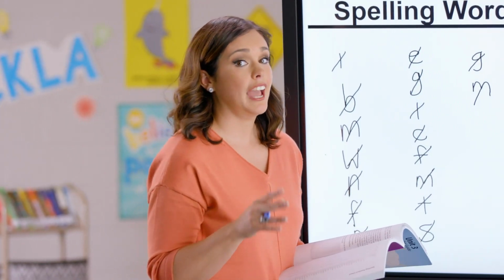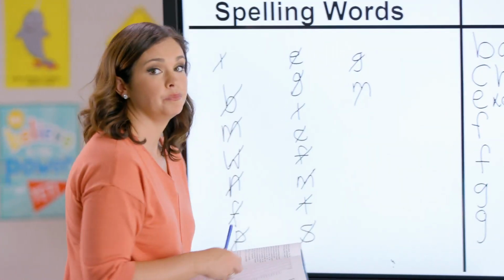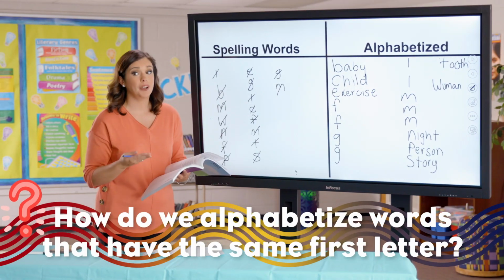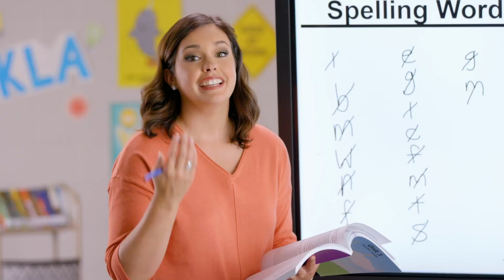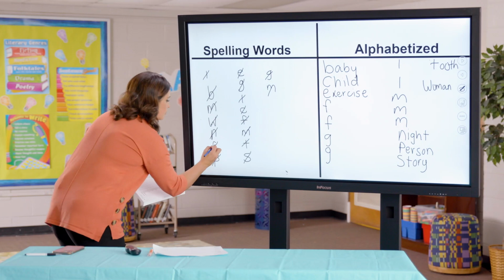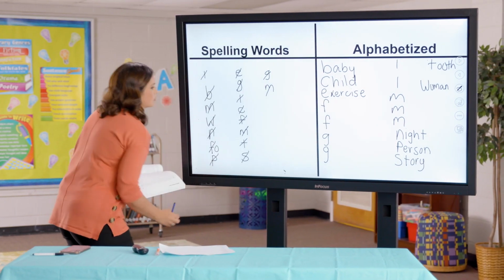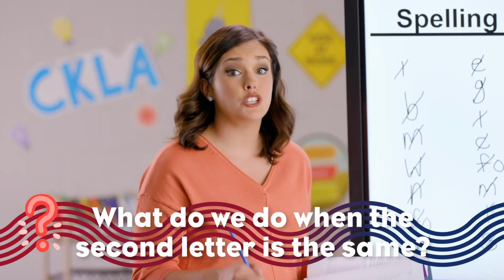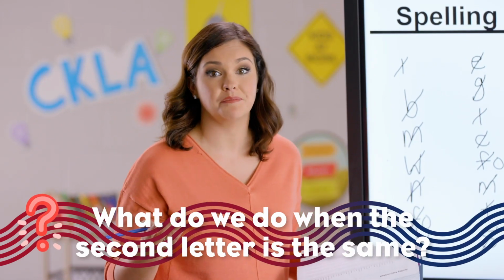Now let's take a look at the words that start with F. What do we do when a word has the same first letter and we want to alphabetize it? Yes, we have to go ahead and reveal the second letter. Oh no! What do we do when the second letter is the same?